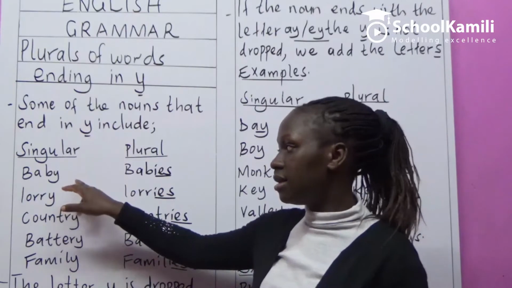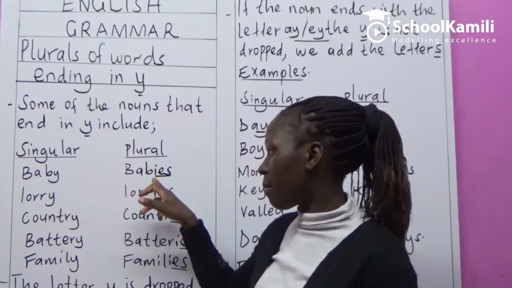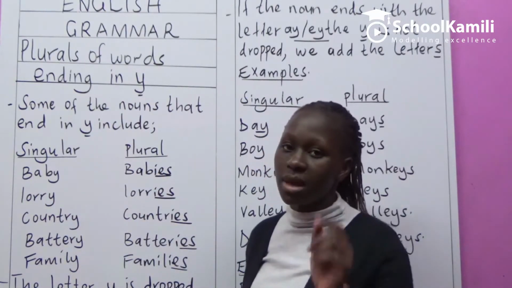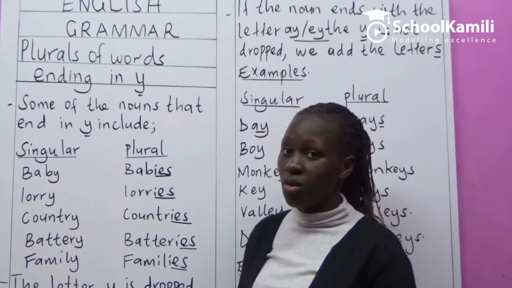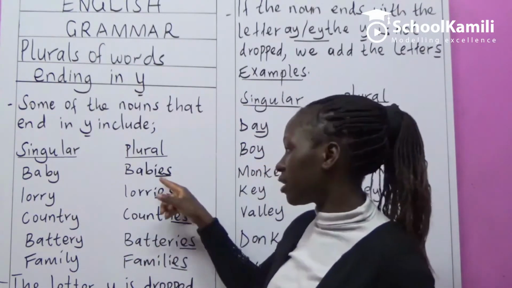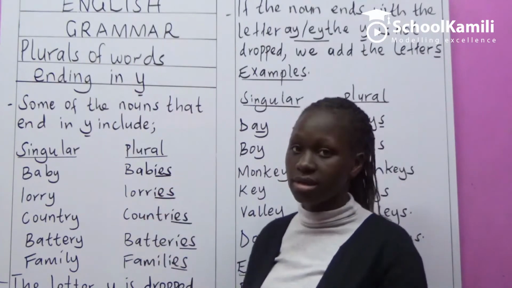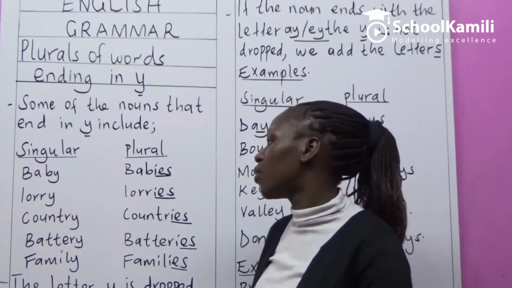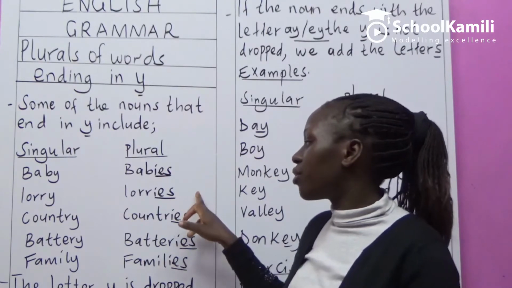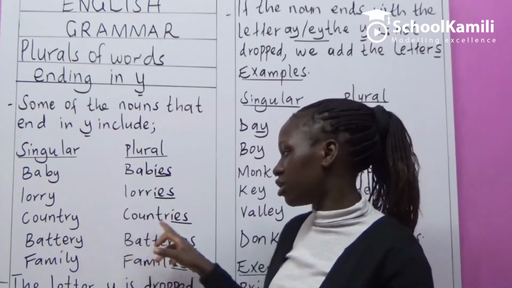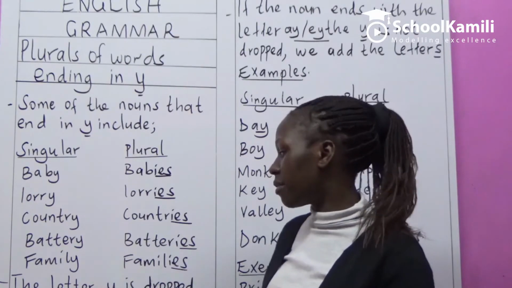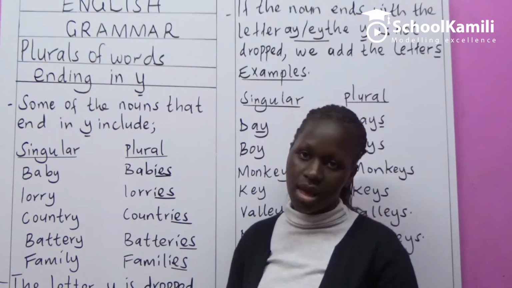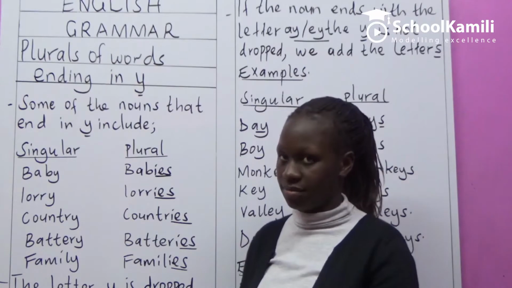As you can see, the letter Y is not appearing here. There's something that has happened. The letter Y has been dropped. Once it is dropped, we replace it with letters IES to make it a plural. We have lorry, lorries, country, countries, battery, batteries, family, families, and many other examples.